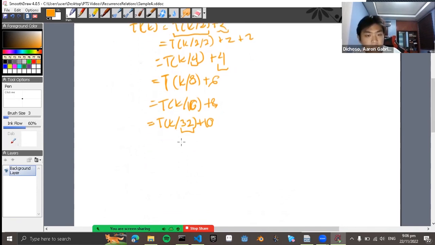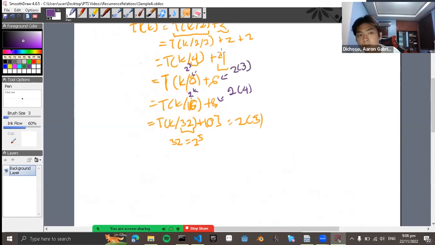If you would see, 32 is 2 to the 5th, and 10 here is 2 times 5. 16 here is 2 to the 4th, and 8 here is 2 times 4. 8 here is 2 to the 3rd, and 6 here is 2 times 3.